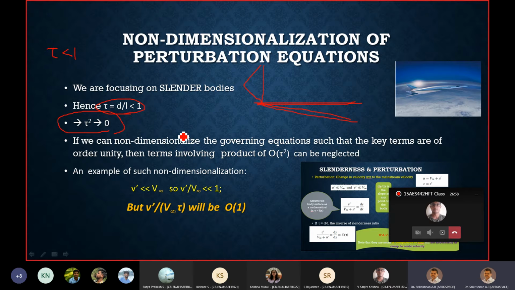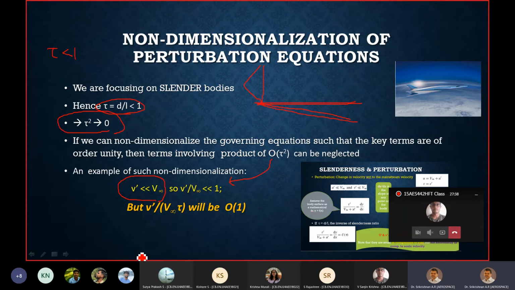I'll try to explain this a little bit using an example, one particular variable. We know that v dash is much less than v infinity. Remember this. Why am I saying this? Because v dash is a transverse disturbance, a disturbance in the y direction. We know that for a slender body, this can be assumed to be much smaller than the approaching free stream velocity.